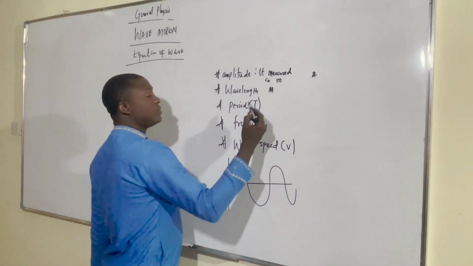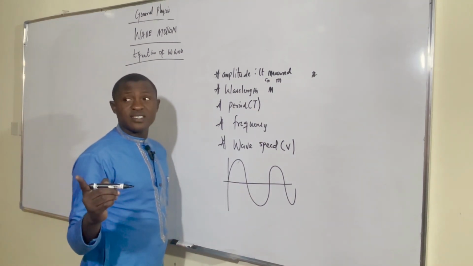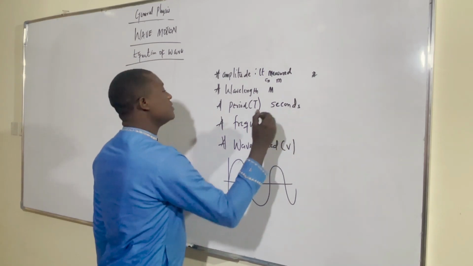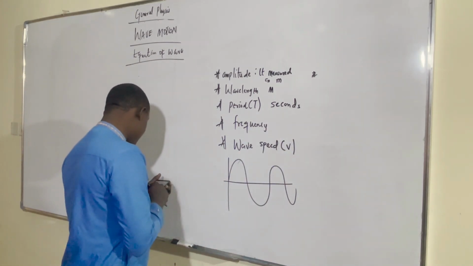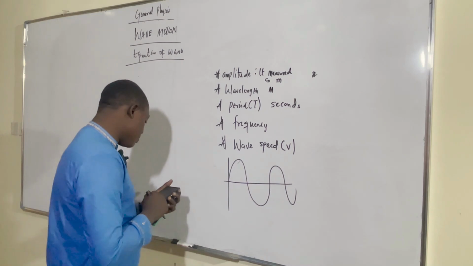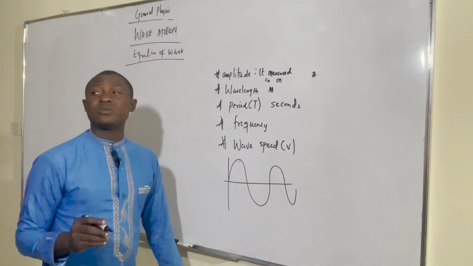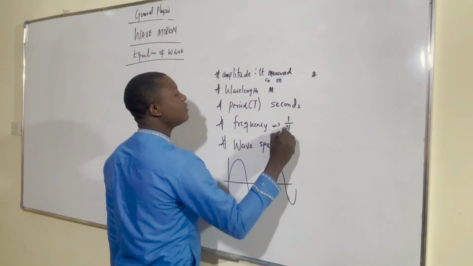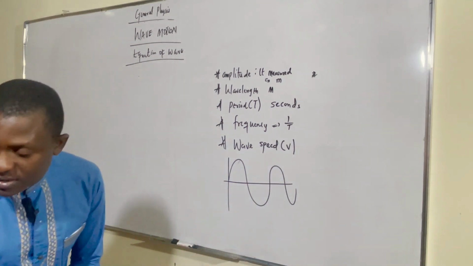We know that time is measured in seconds. The other one we have is the frequency, which is the number of cycles or oscillations which the wave completes in 1 second. Meaning frequency is the inverse of time.